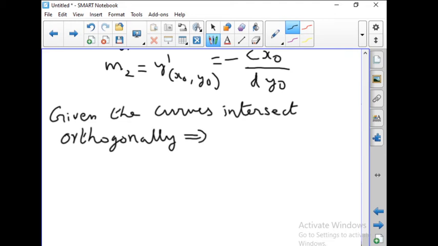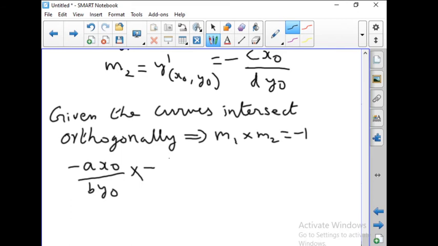This tells us that m1 into m2 is equal to minus 1. So m1 is minus a x naught by b y naught, into m2 which is minus c x naught by d y naught, and this is equal to minus 1.